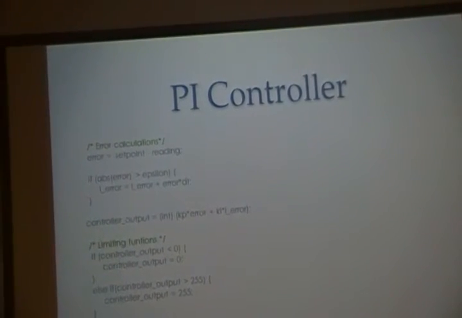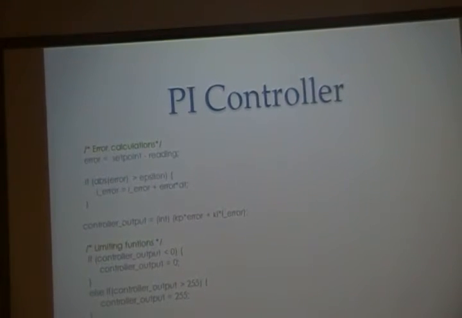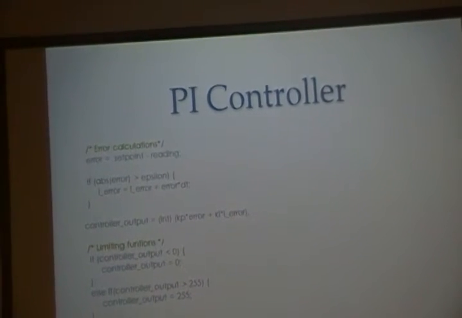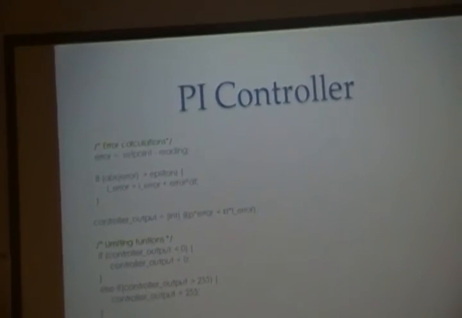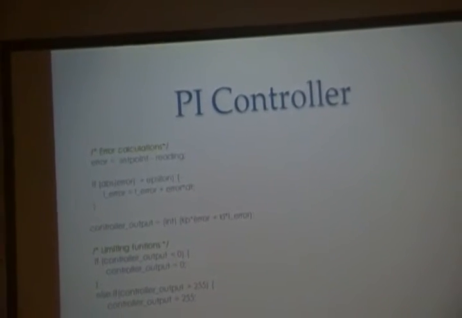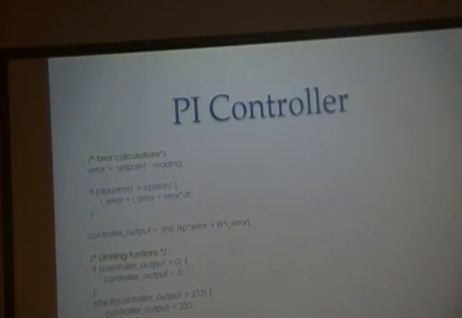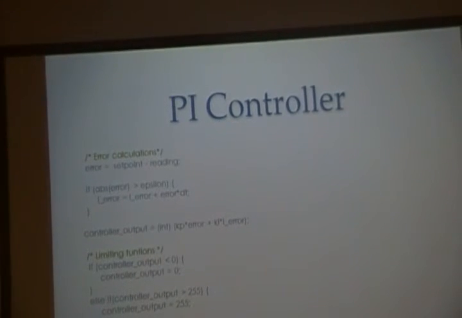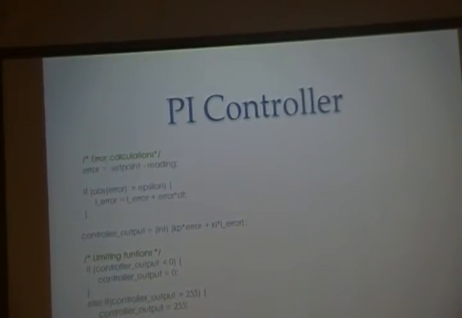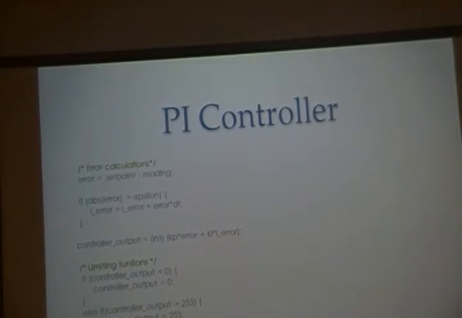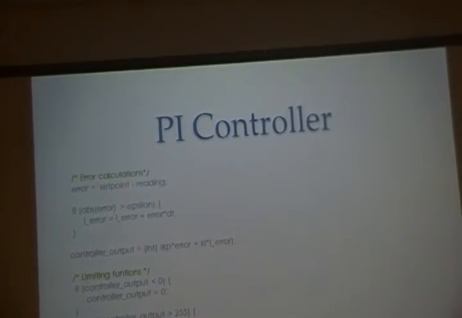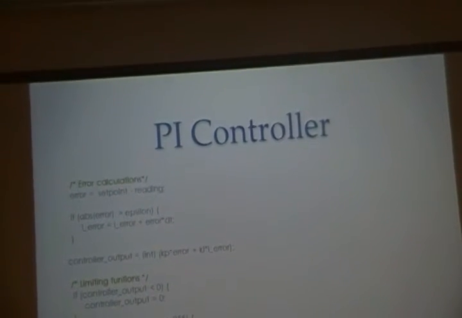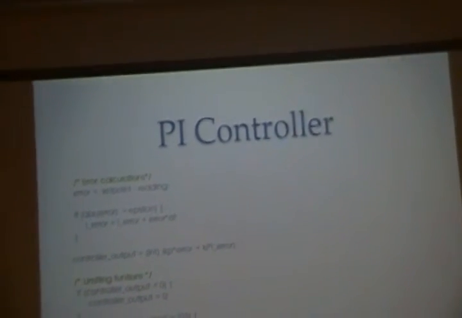In case of fluctuation, if the control output decides to go below 0, we have a floor function. And in the case that it tries to go above 255, we have a ceiling function. That control output is then sent to the port that delivers the PWM signal to the RC filter. And that is our PI controller.